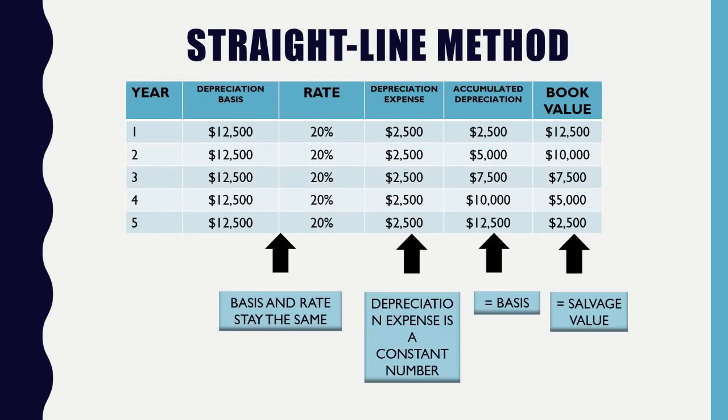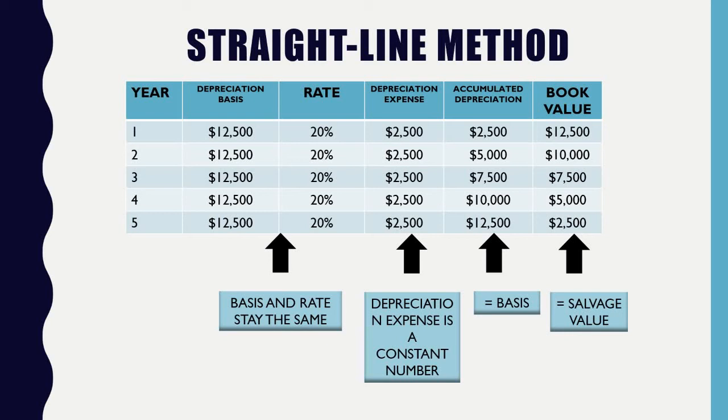What you're going to notice at year 3, year 4, and year 5 is that all the numbers are going to be the same, because asset cost minus salvage value still gives you your depreciation basis of $12,500. The rate doesn't change because it's 1 divided by 5. And because the basis and the rate do not change, your expense will not change either.